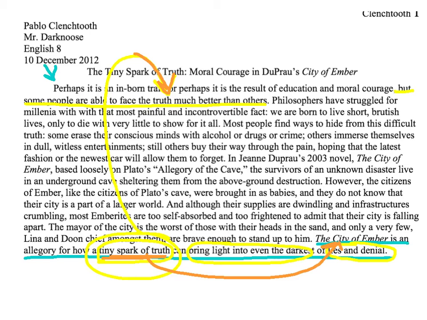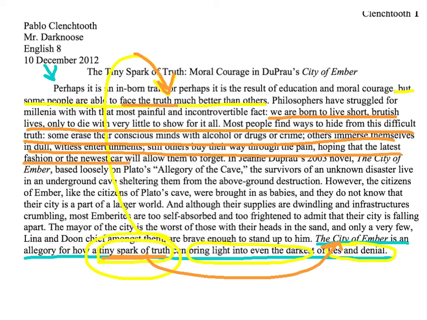And then once I introduce this notion of facing the truth, then I expand on that general idea. I talk about how people have long talked about some of the painful truths that we have to face and how it is that we deal with them.